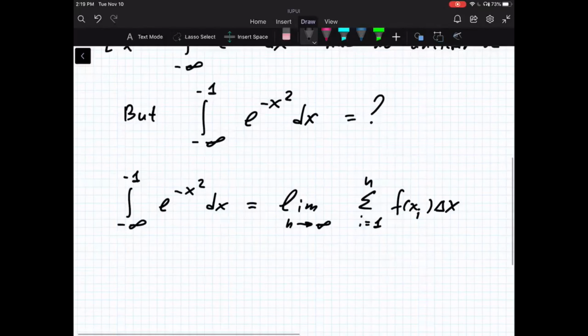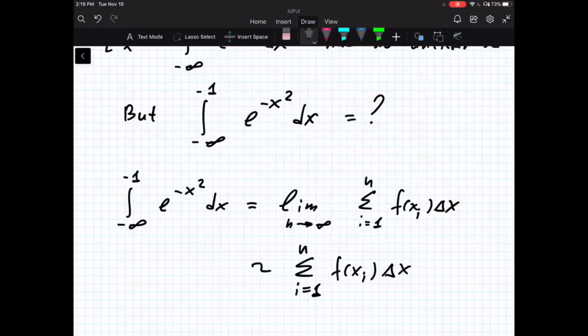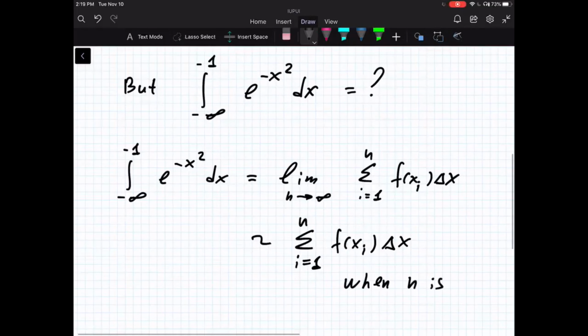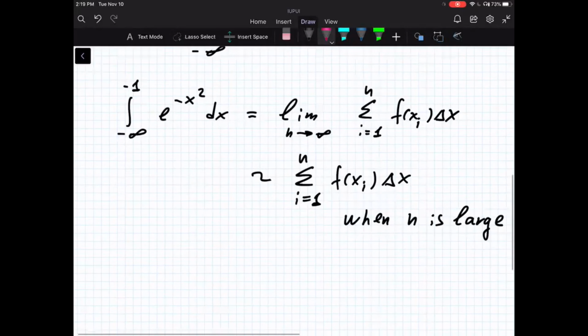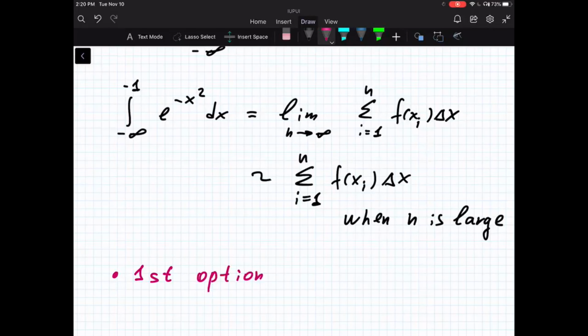But instead of considering the limit, you can say that it's approximately this summation, f of xi, delta x, with a very large n, and it will give you a nice approximation. Of course, it will not be exactly this integral, but it will be a nice approximation. And this first way of numerically integrating is just using the Riemann sum.